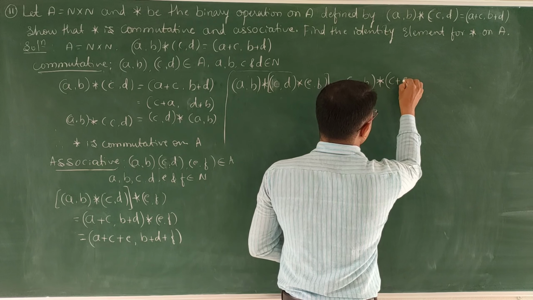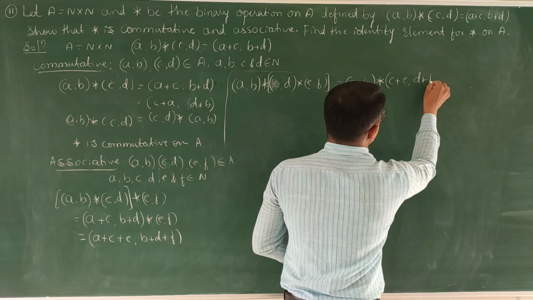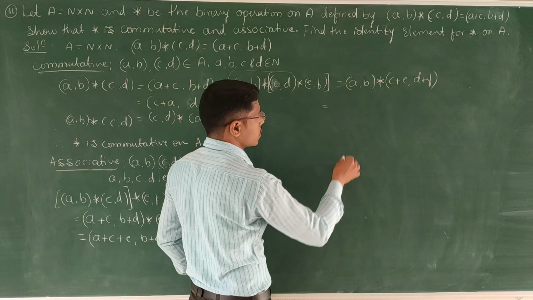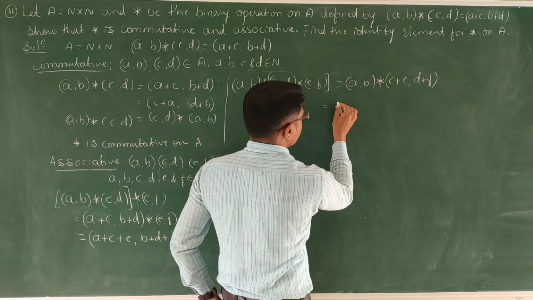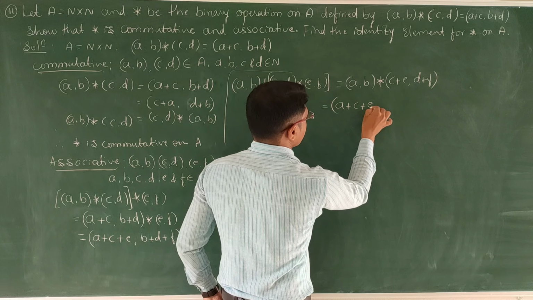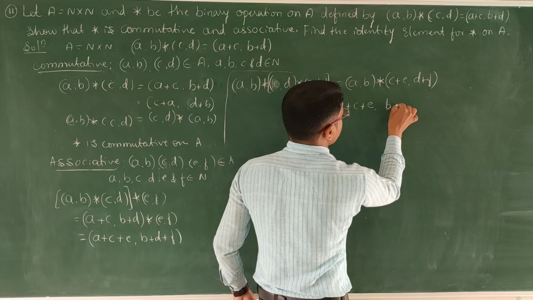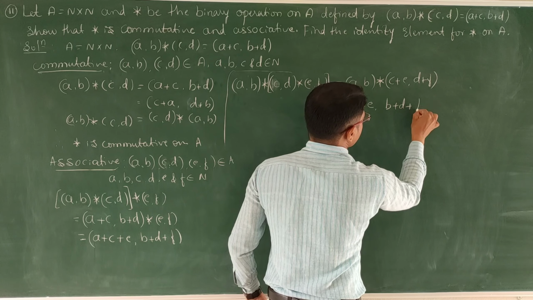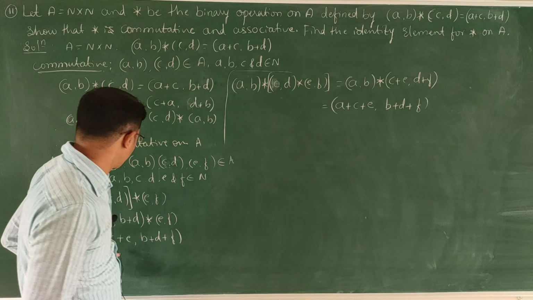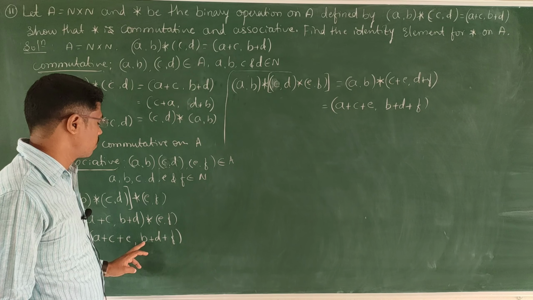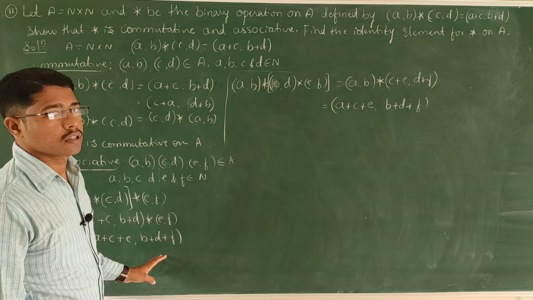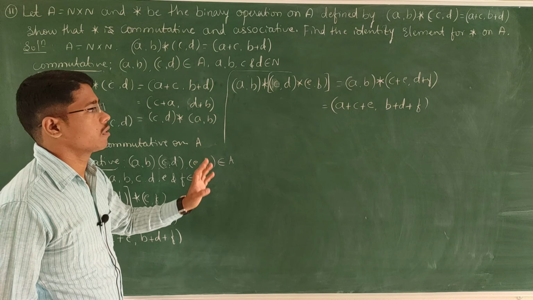Now apply the operation: (a plus c plus e, b plus d plus f), right? So compare these two: (a plus c plus e, b plus d plus f). Both are the same, so the LHS and RHS are equal.